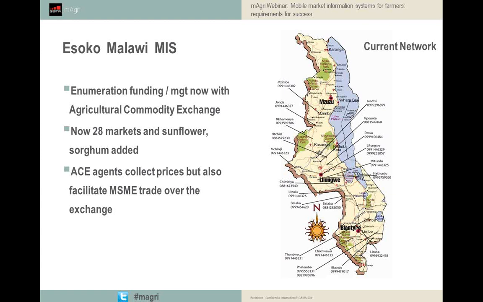So they are generating multiple lines of business from this enumeration network, and from an overhead perspective, from a cost perspective, I think it's important that if you're going to be managing and supporting a costly network in the country, that there are multiple uses that you can get from that network, and that you can have multiple revenue streams from them as well. Next slide, please.